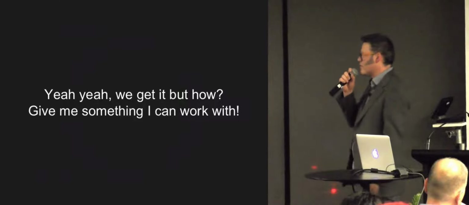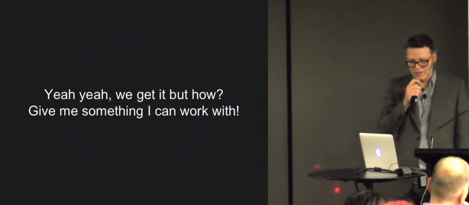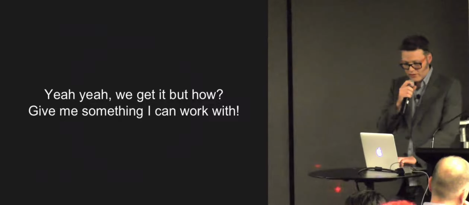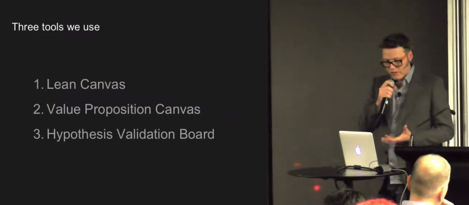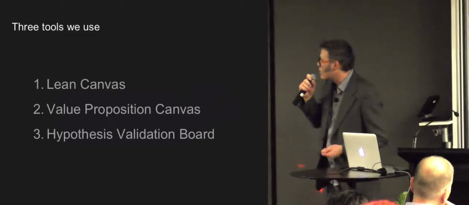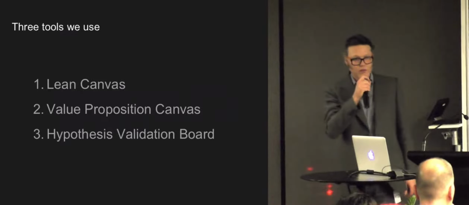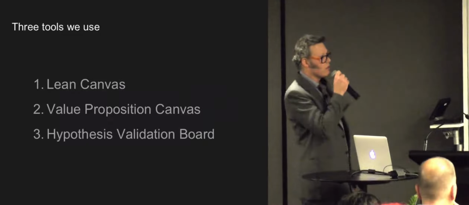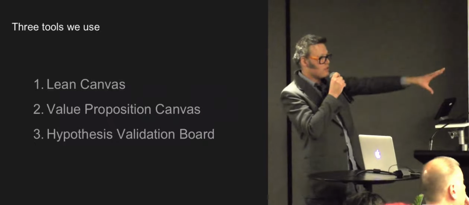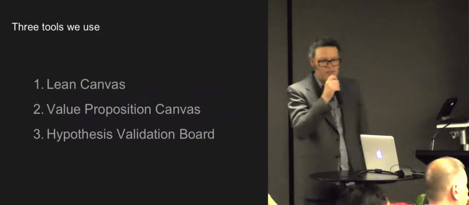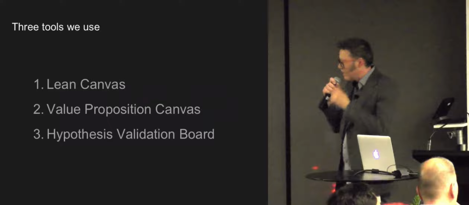For those that have seen it, that's fine, but give me something I can actually work with, right? So what we're actually going to do is talk about 3 tools that we use at Westpac. JD and I are on the same program of work. The Lean Canvas, the Value Proposition Canvas, and the Hypothesis Validation Board.